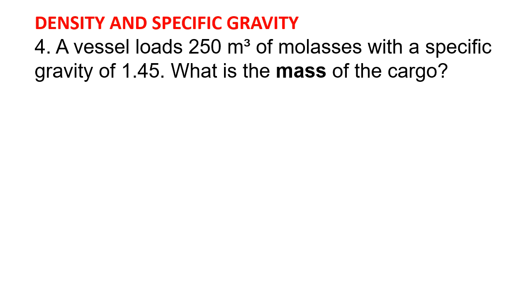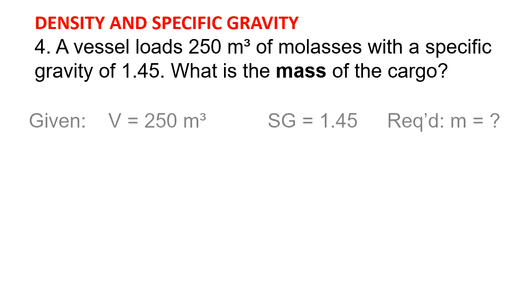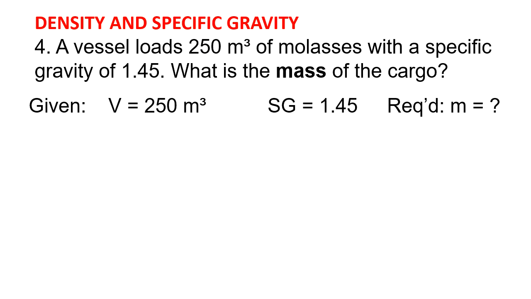A vessel loads 250 meter cube of molasses with a specific gravity of 1.45. What is the mass of the cargo? So this time, we're given the volume, which is 250 meters cube, specific gravity, which is 1.45, and we're asked about the mass of the molasses. Now, how do we solve this?